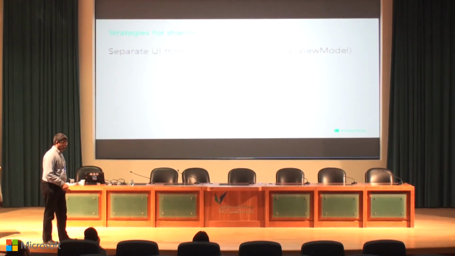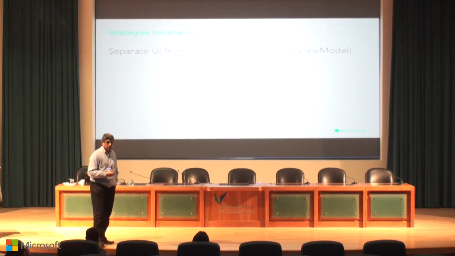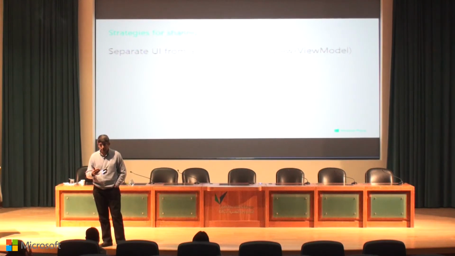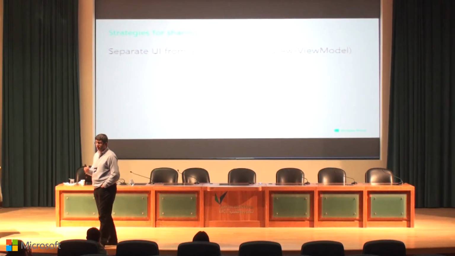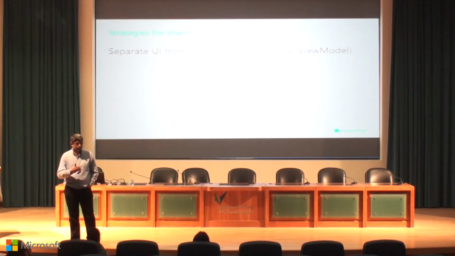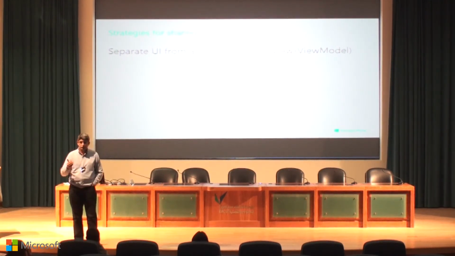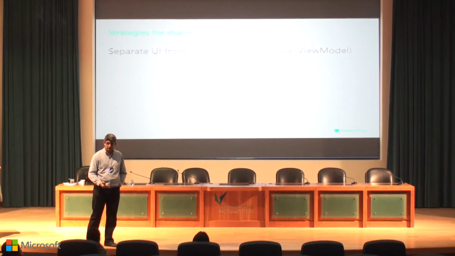So if I'm creating a XAML application, how do I share my code so that it is less tedious for me when I'm developing on the two different platforms? The starting point of this should be thinking of segregation of concerns. So think about model-view-viewmodel patterns, where you're segregating the UI from the business logic.